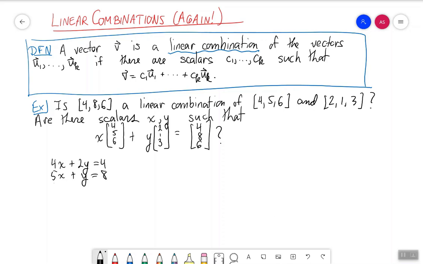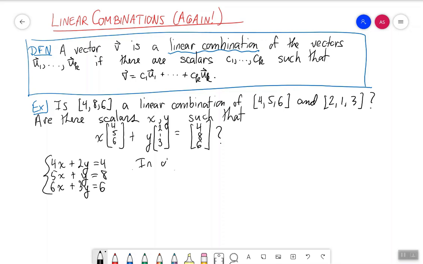And the third is 6x plus 3 times y equals 6. So in other words, we're trying to find scalars x and y such that this system of linear equations holds. We're trying to solve this system of linear equations. But really, we don't care what this x and what this y is. We just care whether or not they exist.